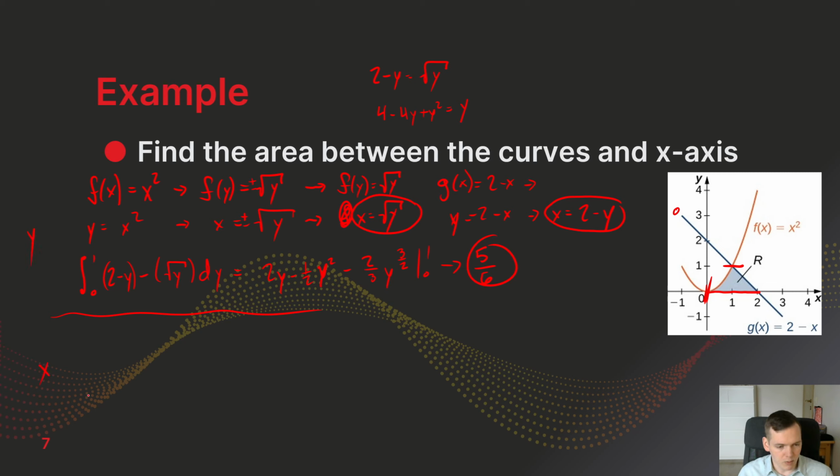If we do it with x, it would be the integral from 0 to 1 of x squared minus 0 dx, because we're integrating essentially this minus the 0 value, plus the integral from 1 to 2. Sorry, that should be a 2 there, not, oh no, that should be 1, because it was y values, not x values. And then from 1 to 2 on the x values of 2 minus x minus 0 dx.